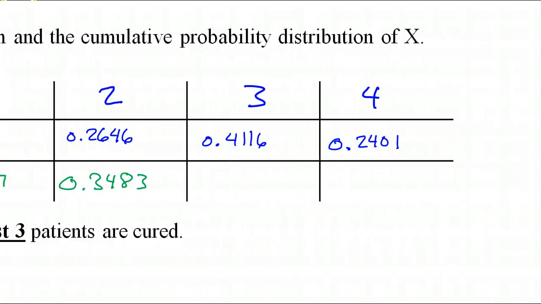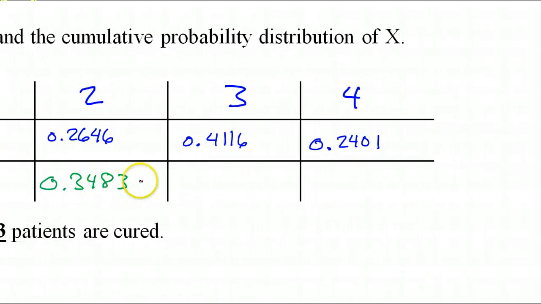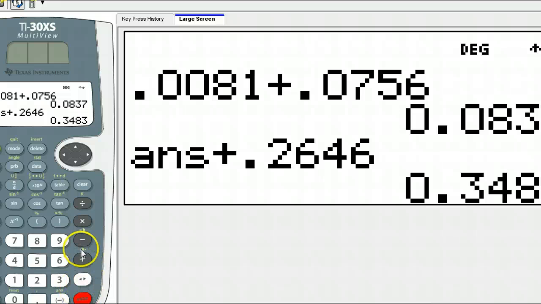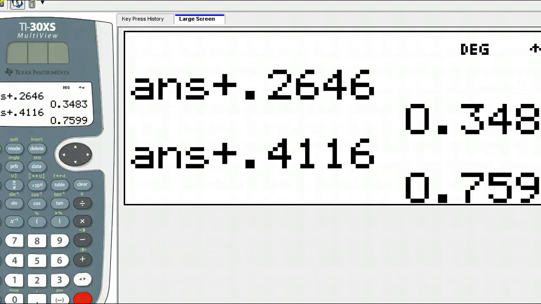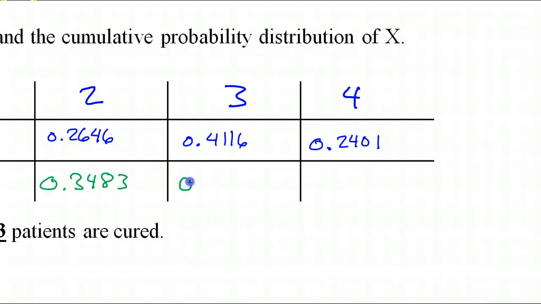And let's do that a couple more times. So again, this number is already the total. I just need to add 0.4116. Okay, so plus 0.4116. Okay, that's 0.7599. Okay, and the last one is supposed to add up to 1, because this last one represents the sum of all these probabilities, and they should always add up to 1, representing 100%.